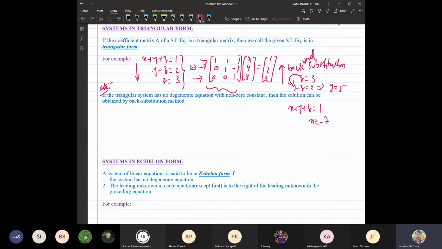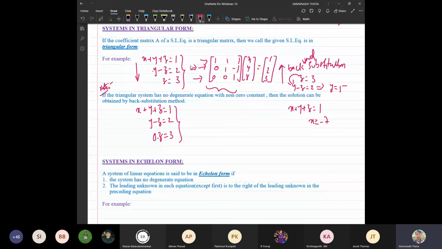What this note says, assume that the system I have given is x plus y plus z is equal to 1, and y minus z is equal to 2, and then 0 into z is equal to 3.